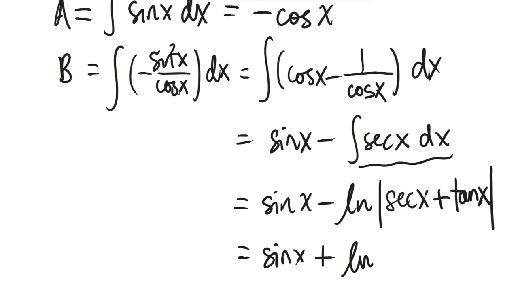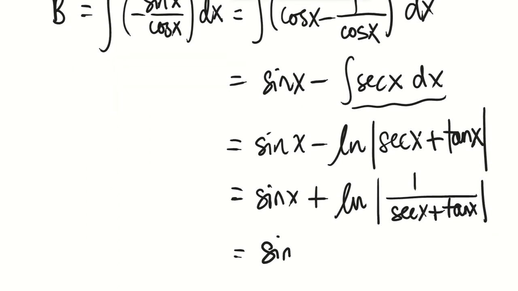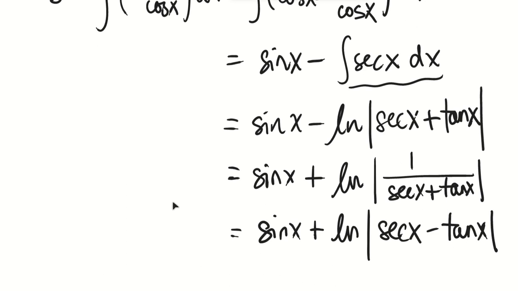So this is the same thing as this plus the ln of this, and you can verify that this is actually just secant of x minus tangent of x. You can utilize the fact that secant squared minus tangent squared is 1.